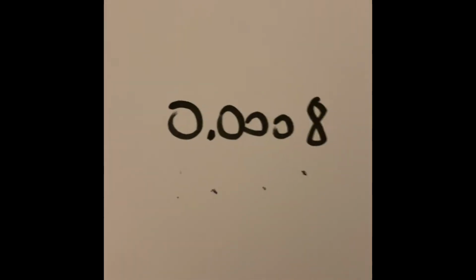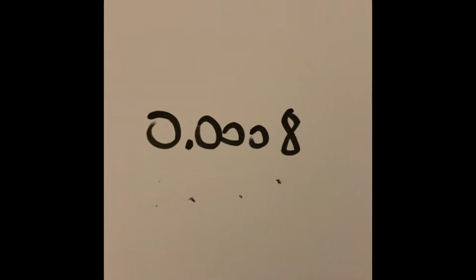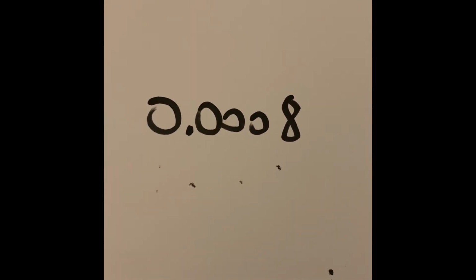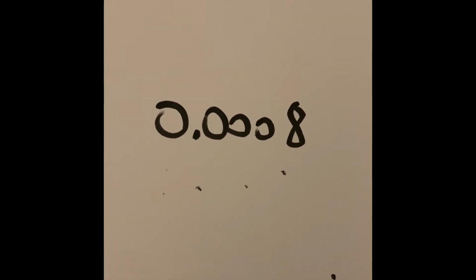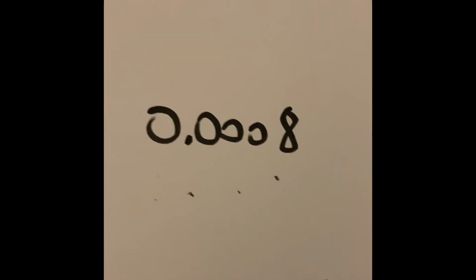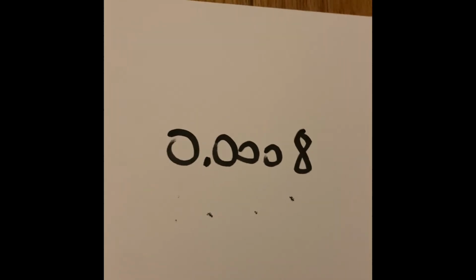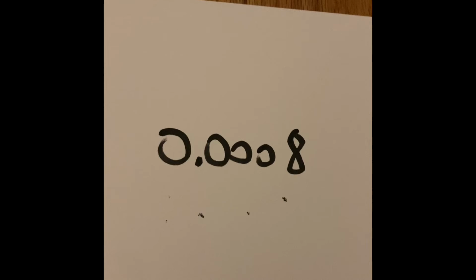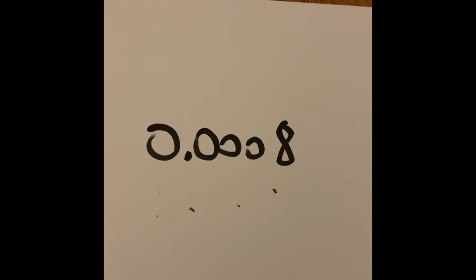So here is our last example. But instead of having a number that's very, very big, we have a number that's very, very small. So in that case, we still get to use scientific notation, because it's supposed to make it easier to write on an assignment instead of writing the entire thing out.